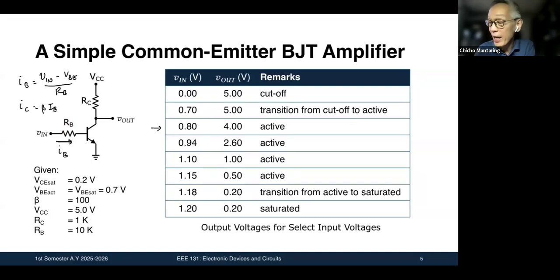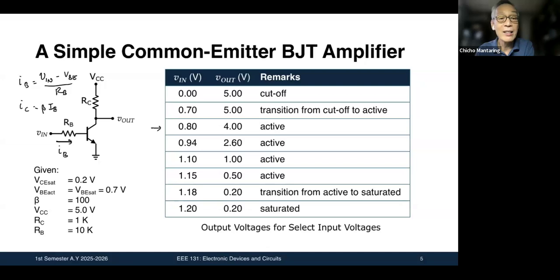Another way of increasing your gain, it's not obvious from this discussion, is by increasing RC. No? So you can increase your gain by decreasing RB. You can increase your gain by increasing RC. Because if you increase RC, for the same amount of IB, you have a greater voltage drop here, and therefore your output will change more.